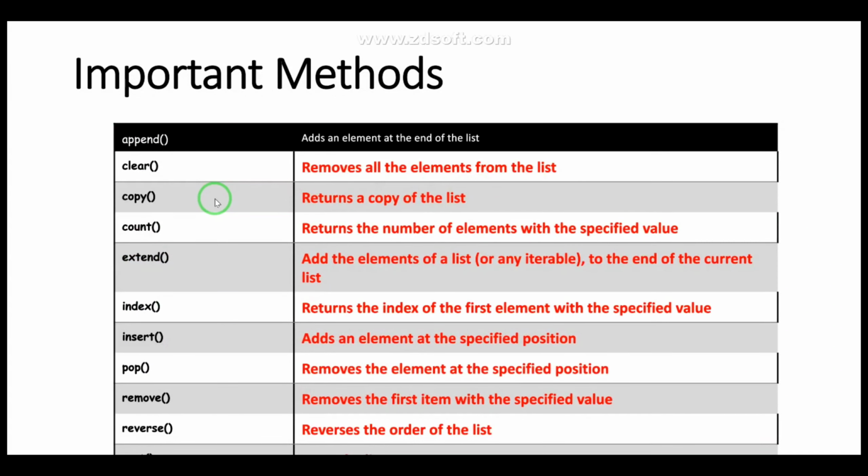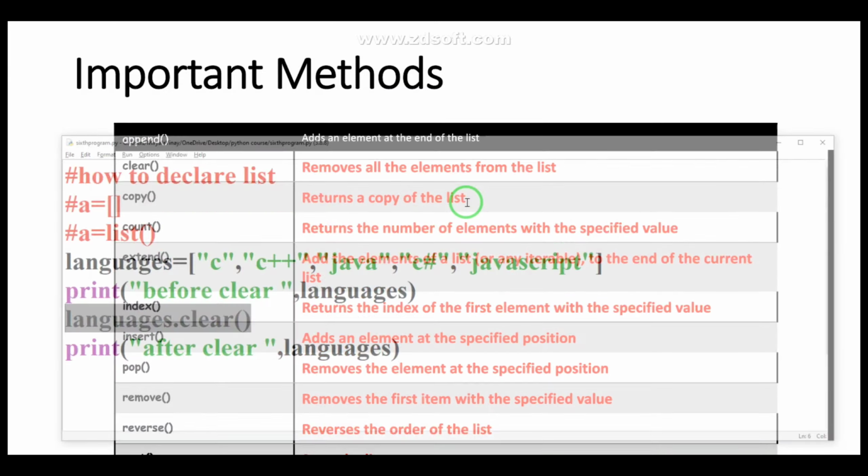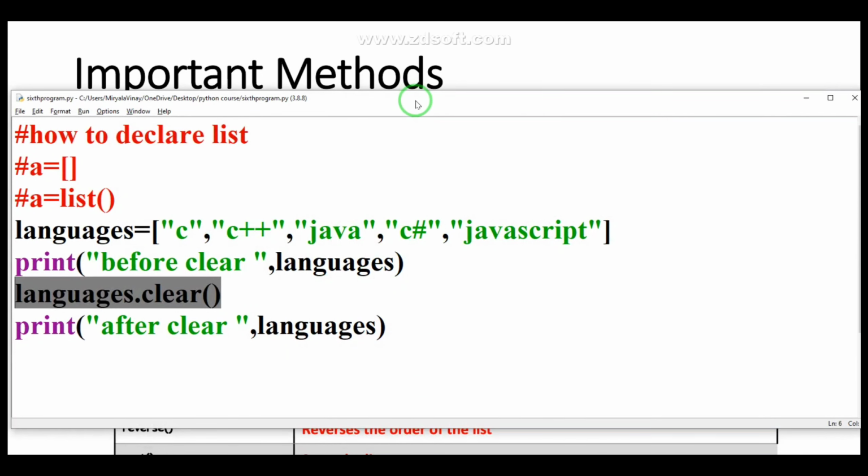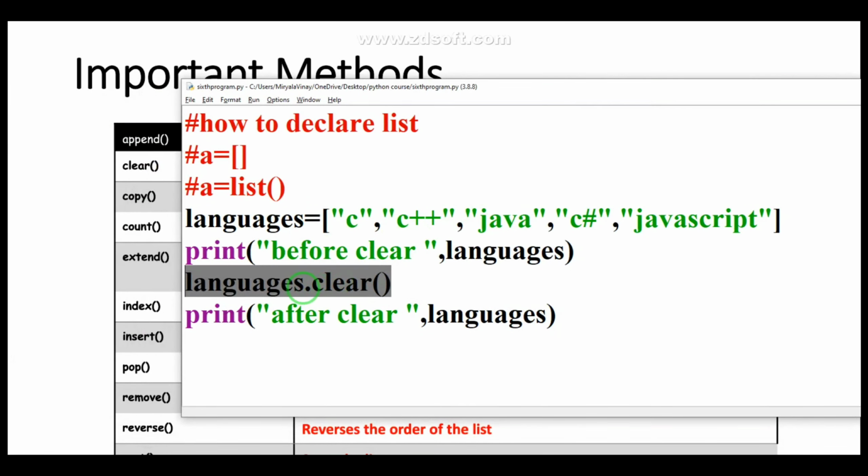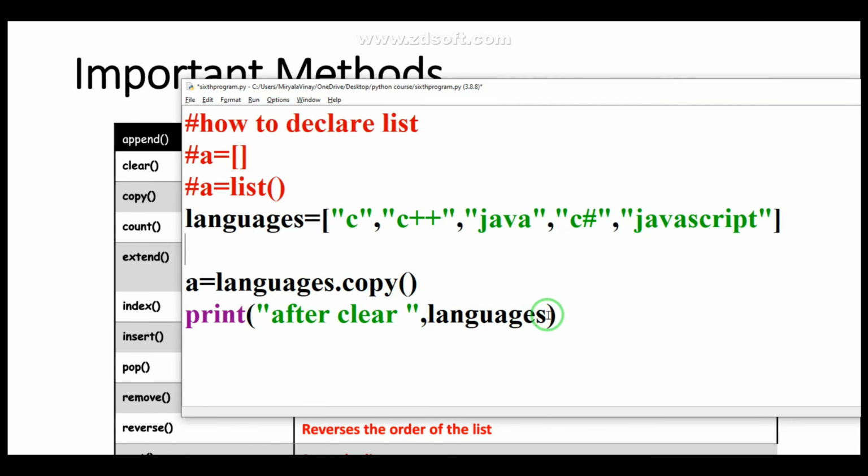Coming to the third one, copy returns a copy of the list, means the copy method will return the copy of the list. Let me show that also. Languages.copy, and I will assign it to a. I am printing a.